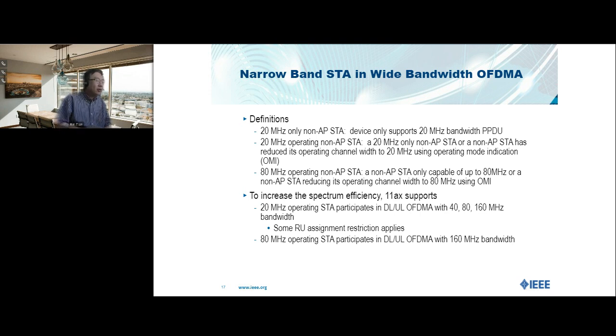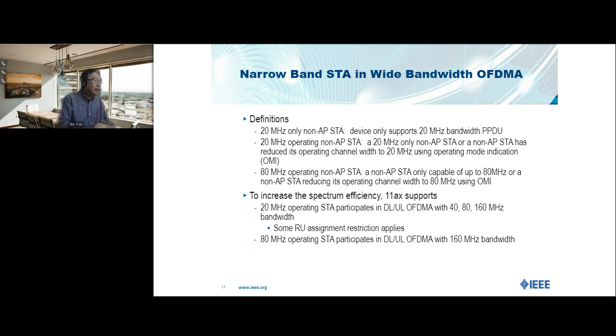So assume you have a Wi-Fi network where the AP can set up an 80 or 160 megahertz BSS. Okay, this network has such wide bandwidth. Now you have a lot of narrowband devices here, 20 megahertz operating and 80 megahertz operating. In this network, you want to utilize the entire bandwidth together instead of just using the 20 or 80 megahertz that the station supports.